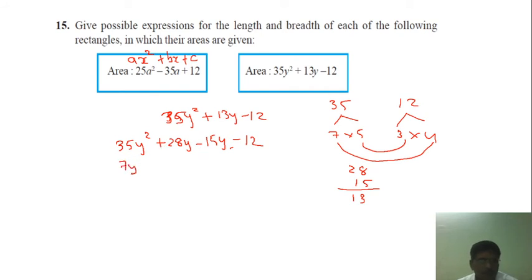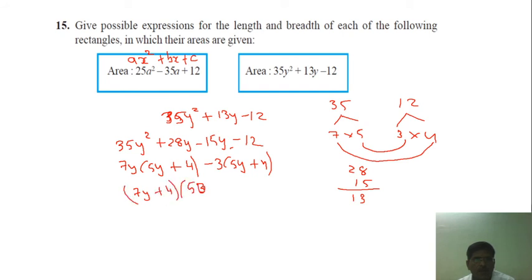Now 7y is common, so 5y plus 4. Common is 3, so 5y plus 4. So 7y, sorry, it's a mistake.